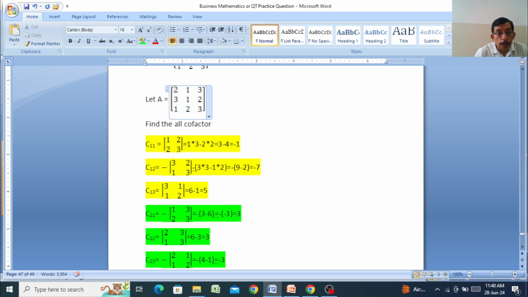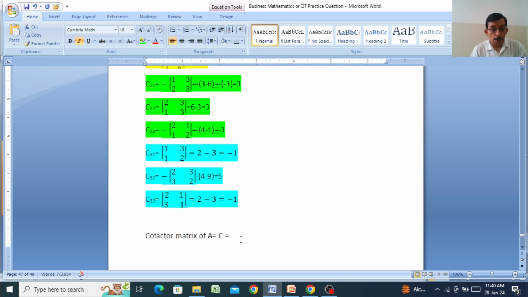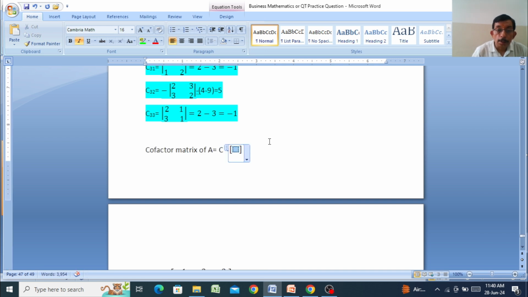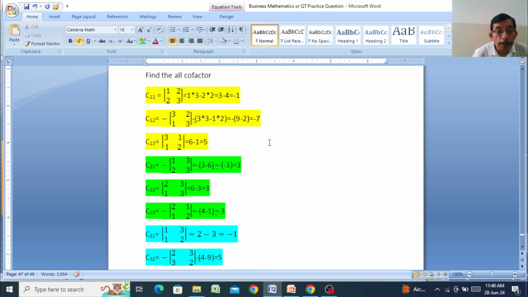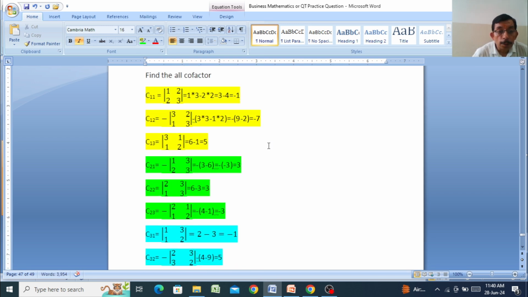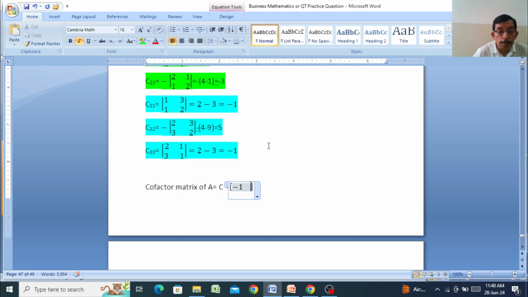In symmetric order, the cofactor matrix C. The first element C11 is minus 1. C12 is minus 7.